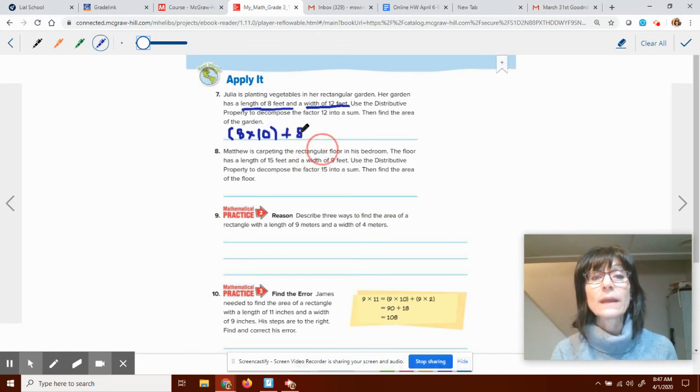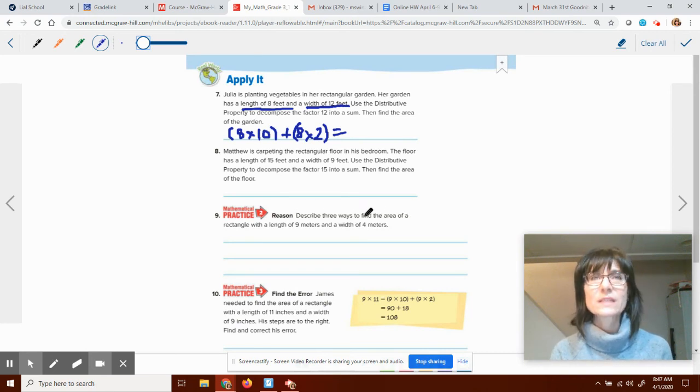And we're going to do 8 times 2. And Mrs. Swint, don't forget these parentheses. Equals. All right. Go ahead, and the number 8 is very similar. Number 9, describe 3 ways to find the area of a room with a length of 9 meters and a width of 4 meters. Not hard.